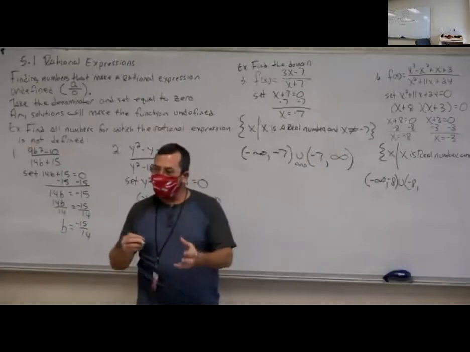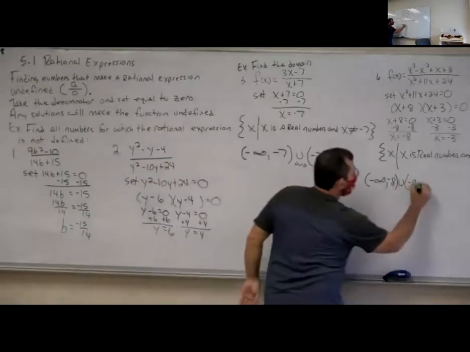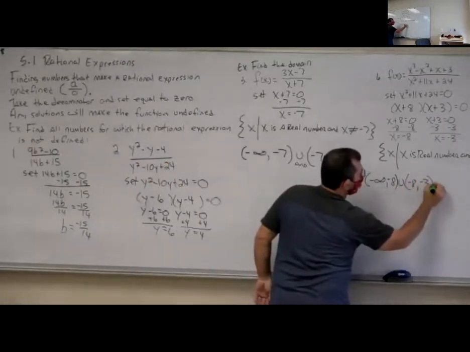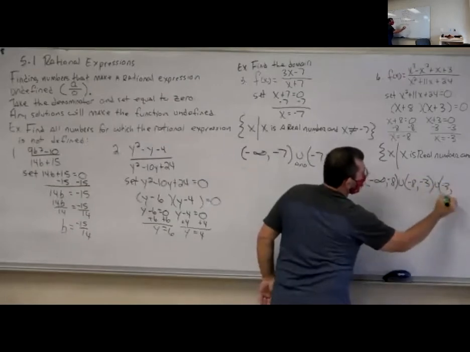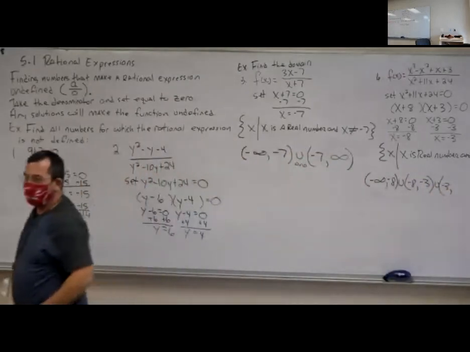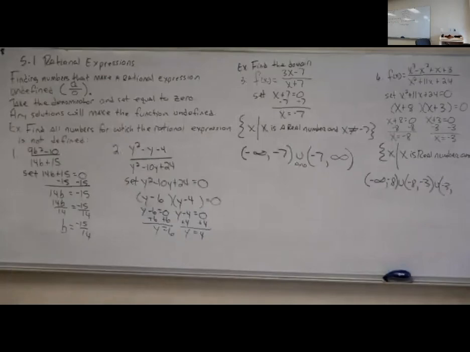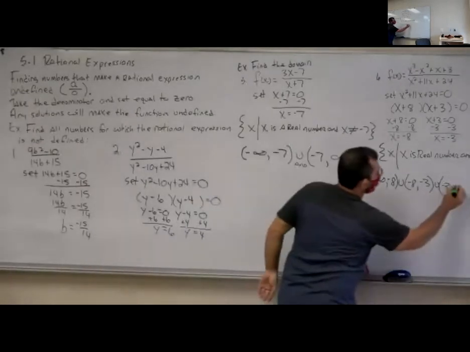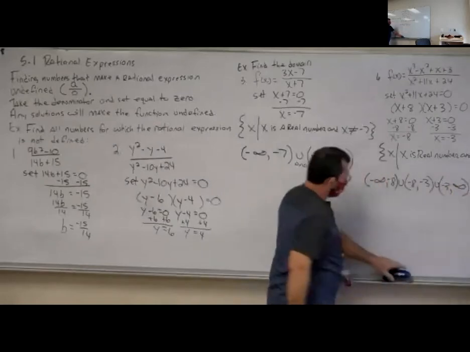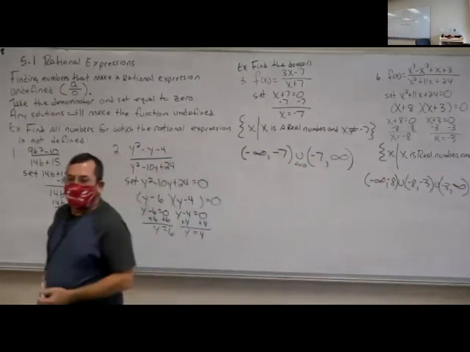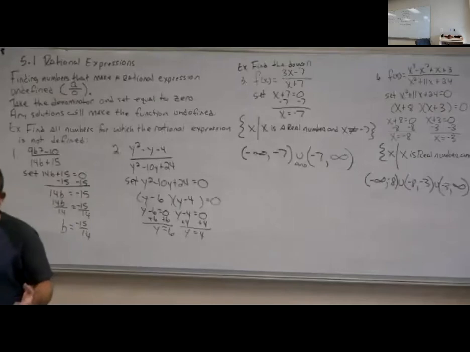So now we're going to union around that negative 3. So if you got 2 numbers, you will have 2 unions on this. And then from negative 3, I'm going towards positive infinity. Okay. So all real numbers in this section would be negative infinity to infinity, and then we're just kicking out the ones we need, okay?